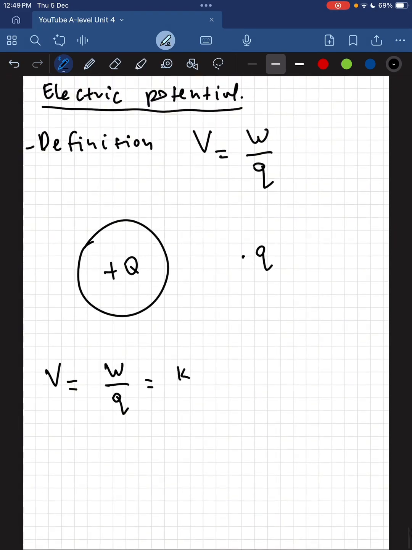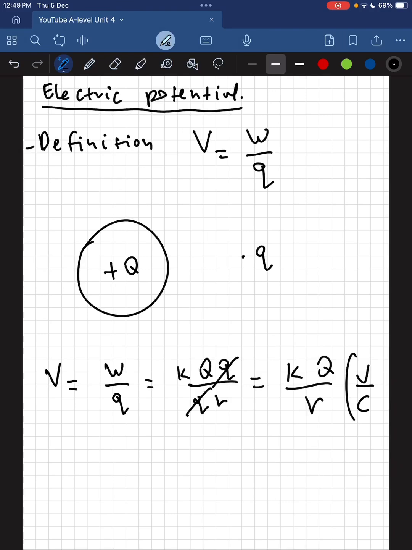So it's k Q q over q R, so q cancels, so k Q over R. It is measured in joules per coulomb, and 1 joule per coulomb is 1 volt, the familiar volt that you see in your batteries, and this is a scalar quantity. Scalar quantities are useful in physics because they don't involve a direction, so they are easier to work with.